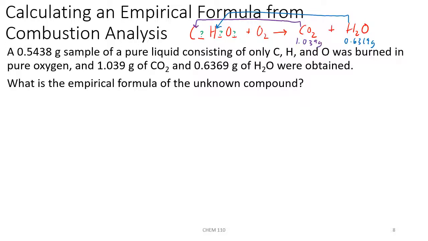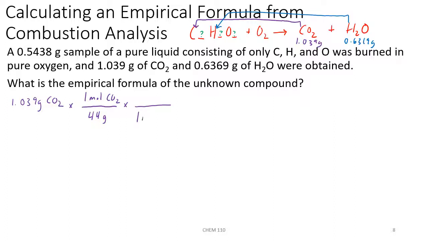So let's just start with our carbon dioxide mass. 1.039 grams of CO2 were formed. And if we're going to do any mole relationships, we're going to first have to convert our grams of CO2 into moles of CO2. And 1 mole of carbon dioxide is 44 grams.